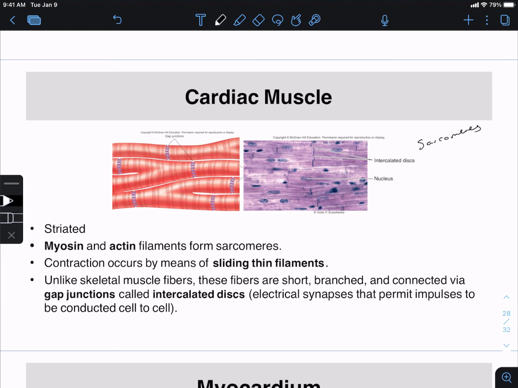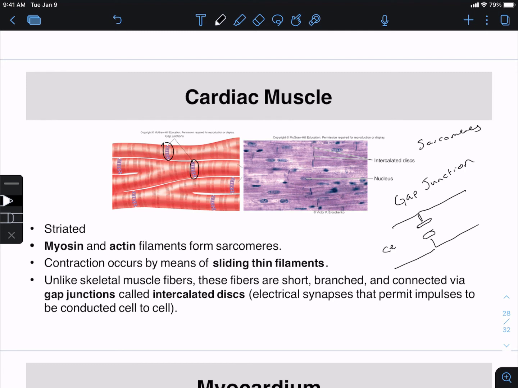Cardiac muscle is not quite as big as skeletal muscle. It's thinner. The cells themselves are thinner. They're also branching, and they have these interesting structures called intercalated discs. These intercalated discs contain gap junctions. And if you think back to what you know about cell adhesions, gap junctions are essentially ion channels that connect the cytoplasm of one cell with the cytoplasm of another cell.